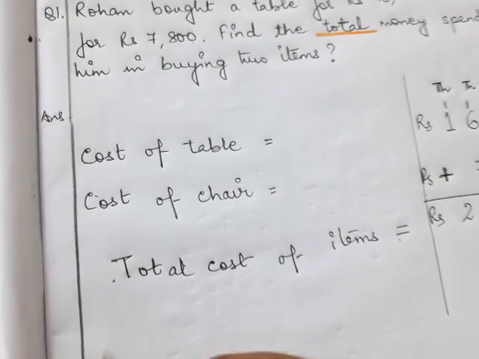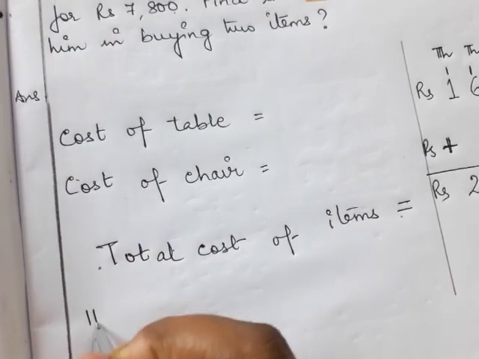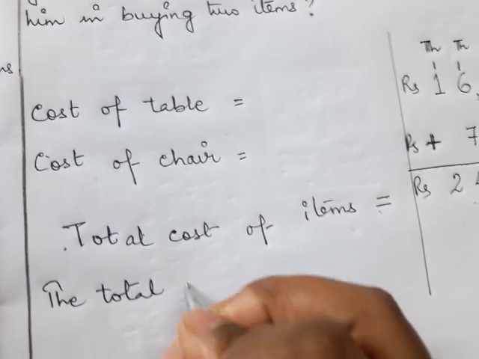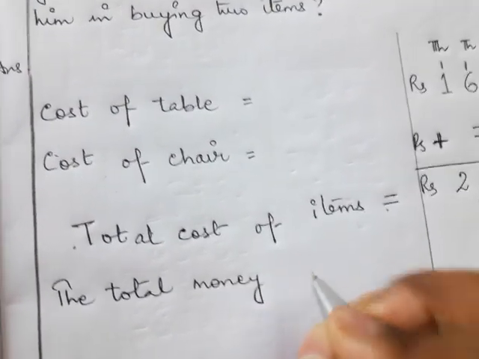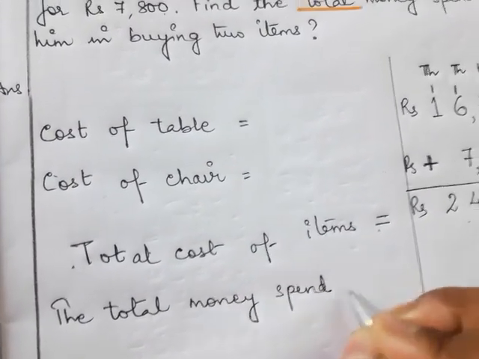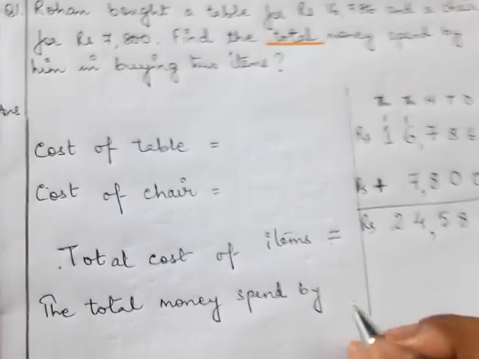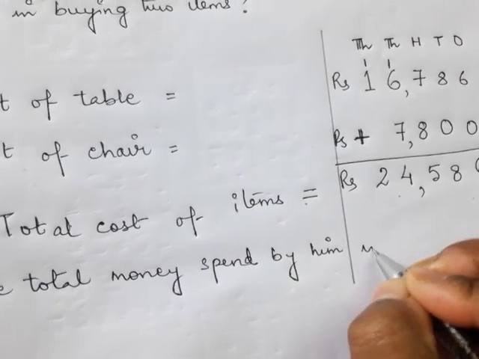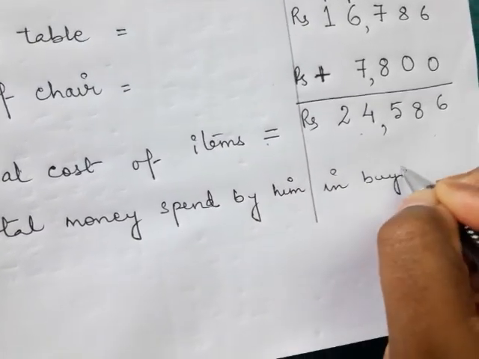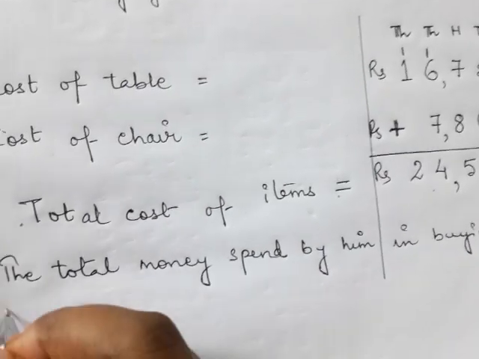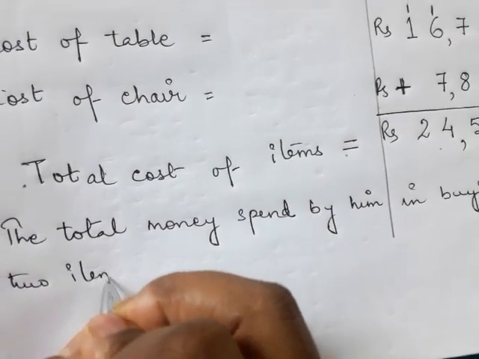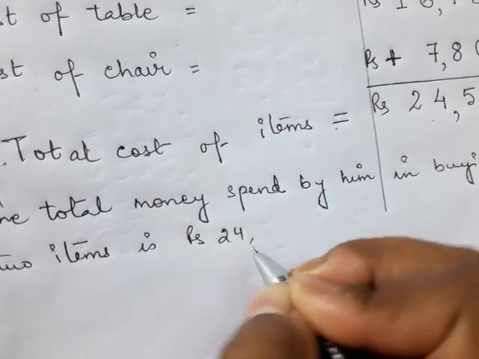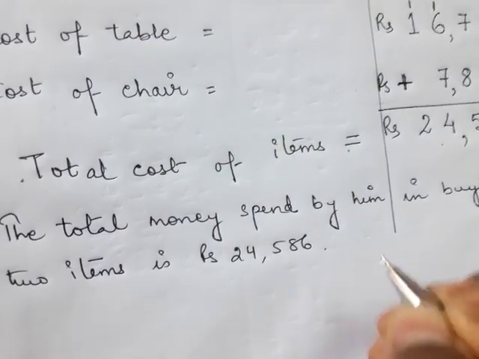So here my narration is: the total money spent by him in buying 2 items is rupees 24,586.